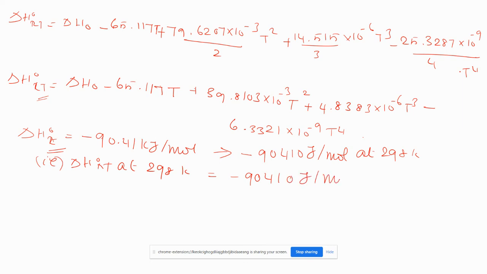Now, in this equation, substitute 90410 for this del H0 RT and find del H0.